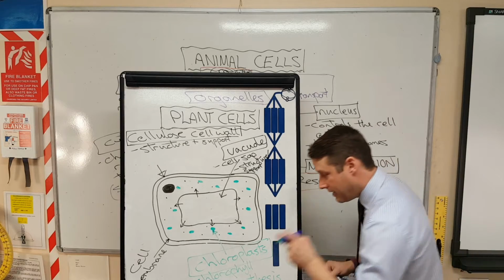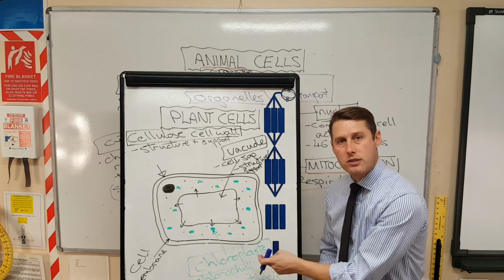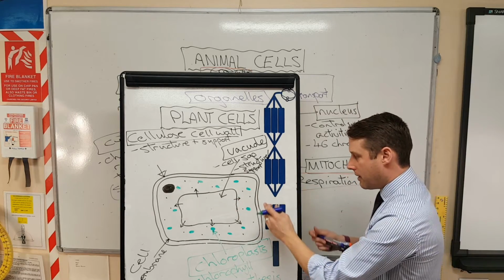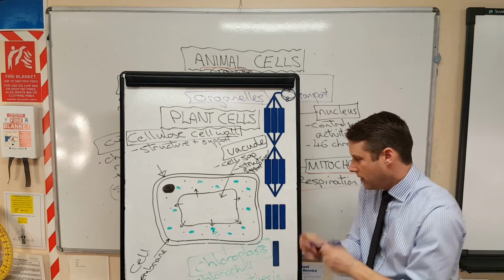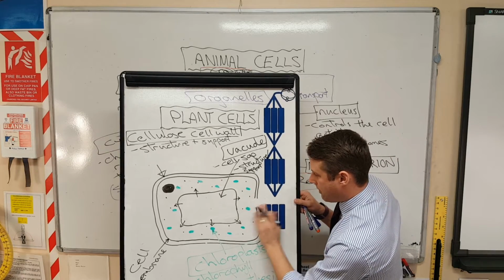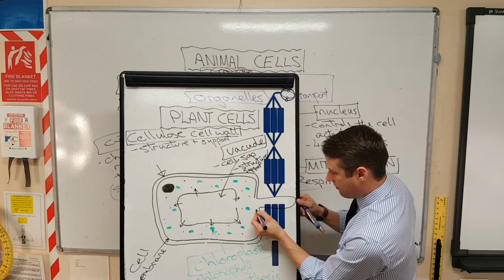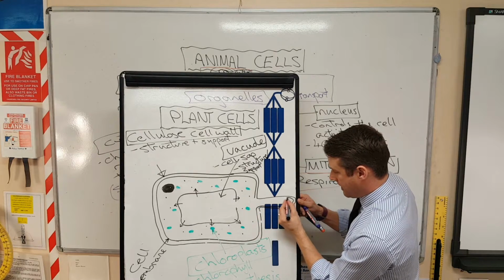Please be aware, you will not find chloroplasts in root cells, in root hair cells. They're the ones with the long extension to their cell wall and cell membrane. In fact, the vacuole extends up through these long hairs. I'm just going to do a little version of these up here now.